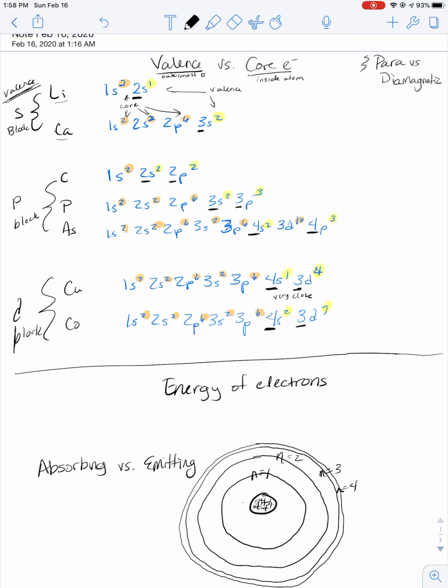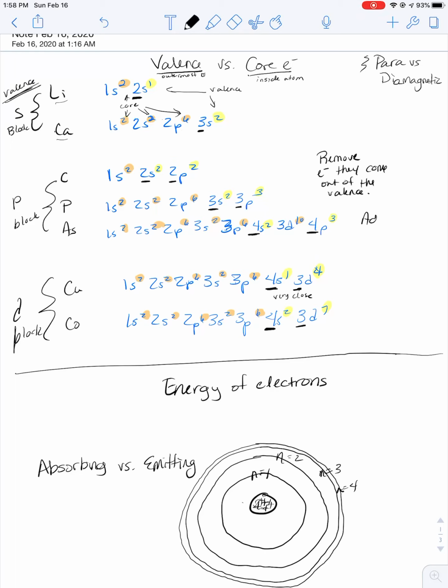Something else to note about the valence electron position, especially for the P and the D block, is that when you need to remove electrons, they come out of the valence electrons.